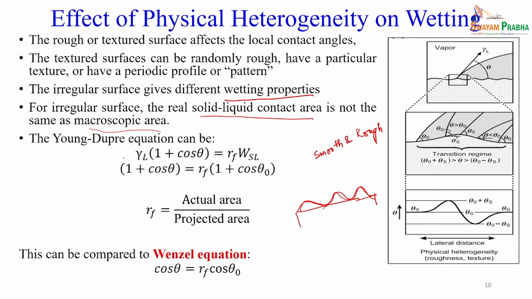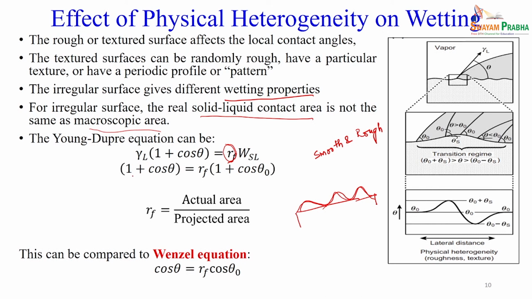If you remember the Young-Dupré equation we discussed in the last class, we can modify it so that the work of adhesion is equal to gamma L times (1 plus cos theta) multiplied by a factor RF. RF is known as the roughness factor.